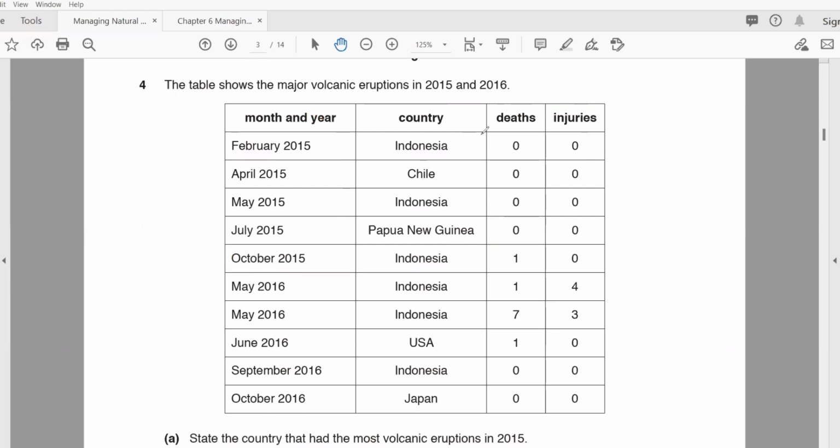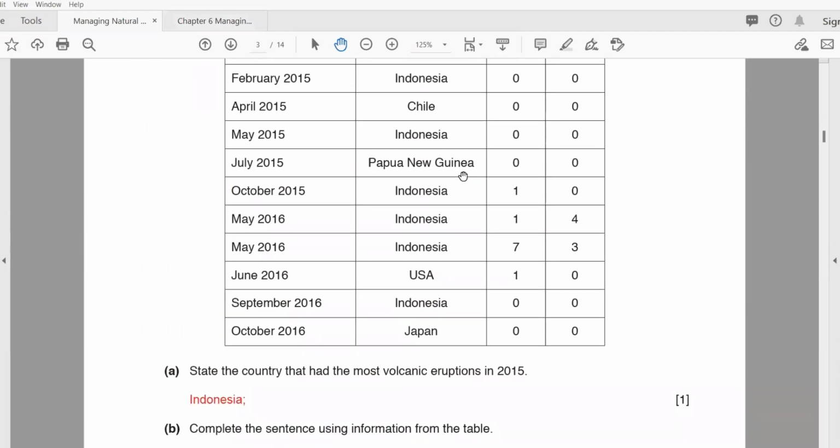Then complete the sentence using the information from the table. The longest period without a major volcanic eruption was... Where was the longest period where there was no eruption? From October 2015 to May 2016.